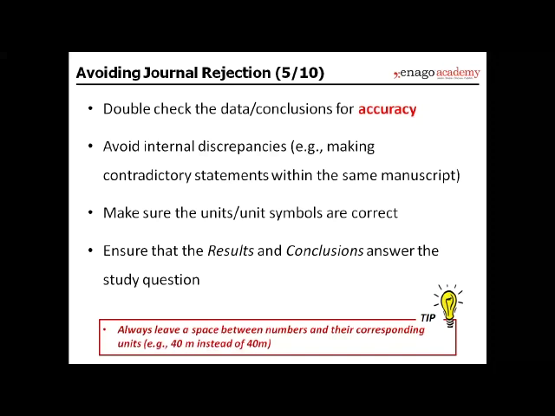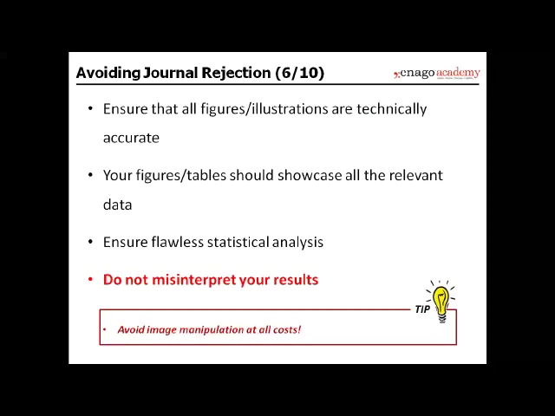All right, so moving on. You also need to make sure that all figures and illustrations are technically correct. Your figures and tables should showcase all the relevant data. They should be fairly symbolic or representative. You also need to ensure that the statistical analysis is flawless, and there are various ways of doing that. You should also not misinterpret your results. Whatever results you get, you have to very faithfully and very transparently interpret them.